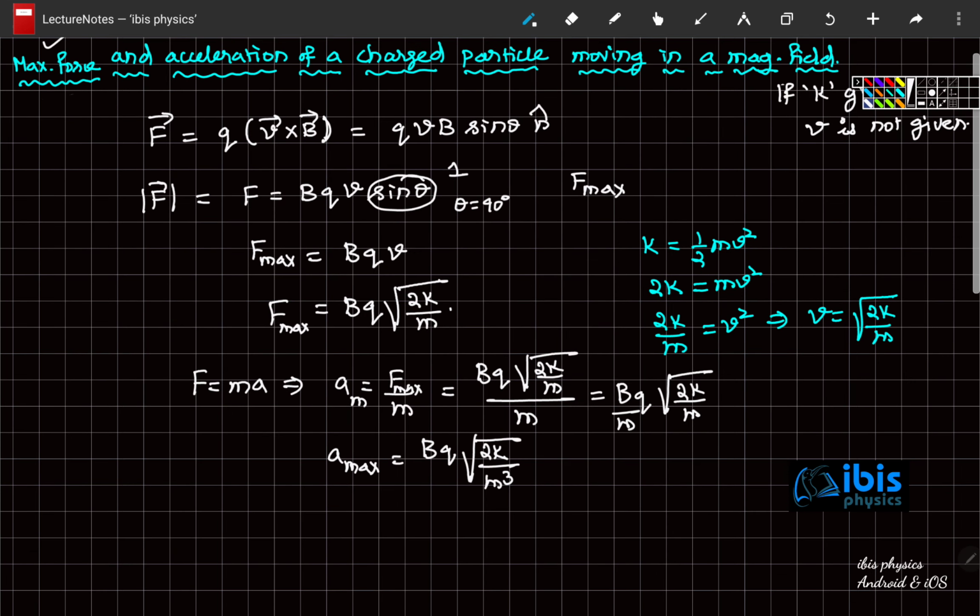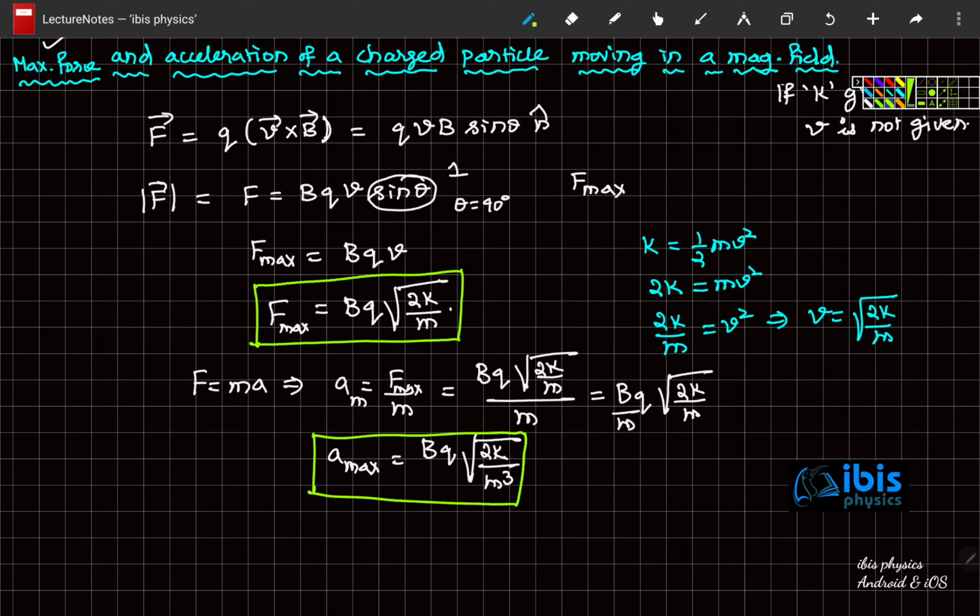So there are two important equations we have got here: one is the maximum force and the other is the maximum acceleration. Here the kinetic energy is constant in a magnetic field, so the kinetic energy does not change. So the maximum force is inversely proportional to the square root of mass.